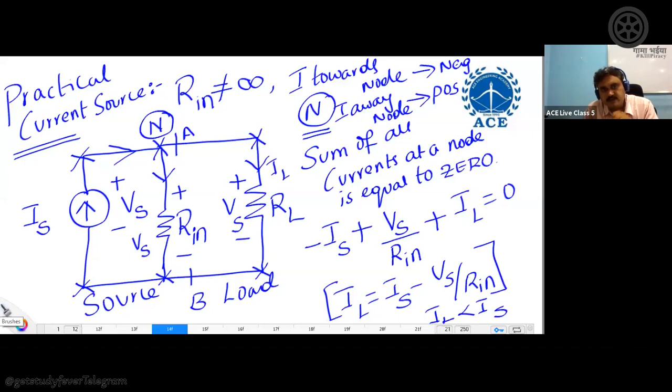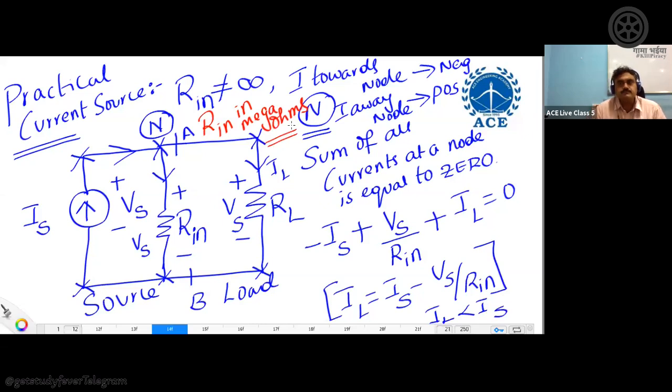Vs cannot be changed, it is fixed. So take RIN as large as possible. That means the value of RIN will be in mega ohms, generally 5 mega ohms, 10 mega ohms, whatever it is. So that current will be very, very small and most of the current will be delivered to the load by the source. So this is what happens when you take practical current sources.